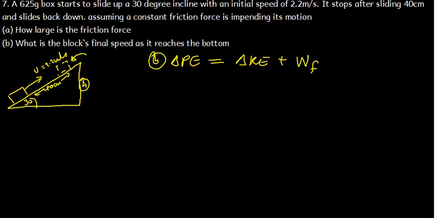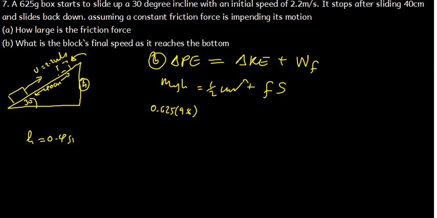That is what happens. As it was going up, we first had kinetic energy, which was converted to potential energy and work done by friction. We know that potential energy is given by mgh, and that is equal to half mv squared plus work done by friction, which we can just say fs. So the mass is 0.625, g is 9.8. The height we already derived. We said the height is 0.4 sin 30, which is 0.2.